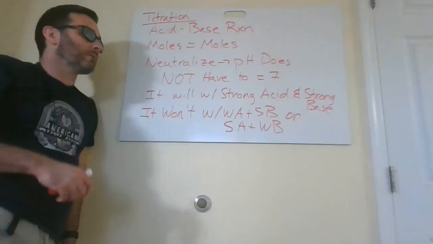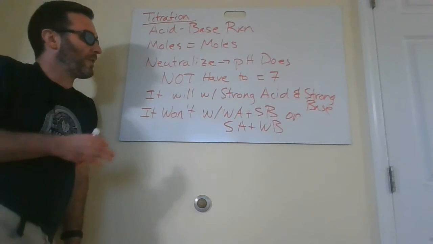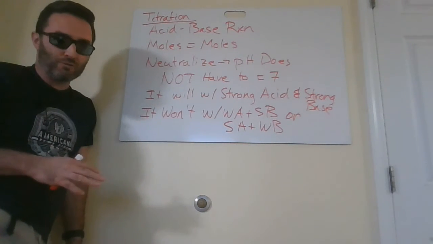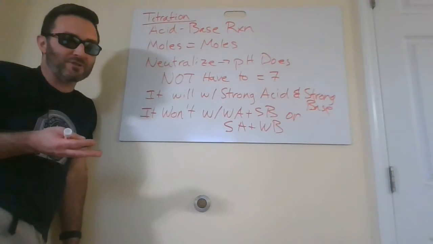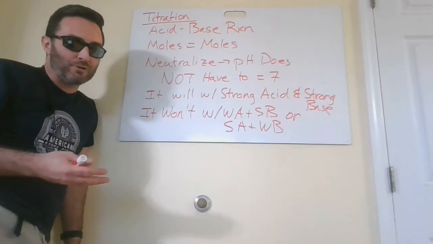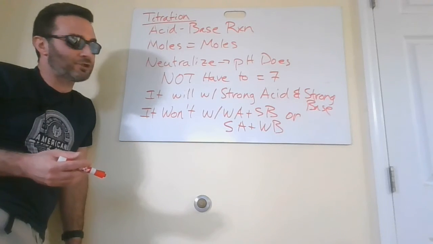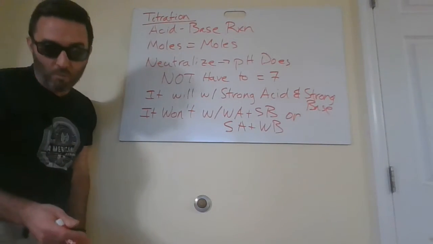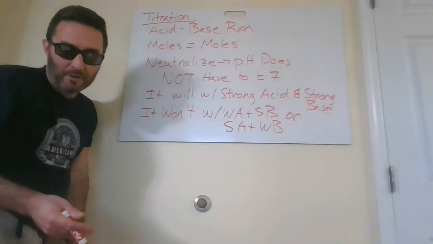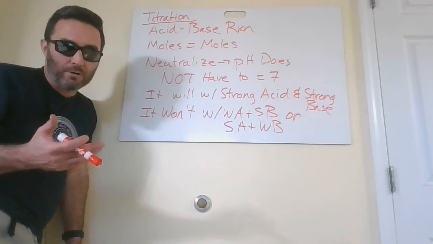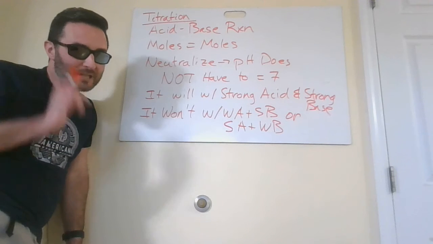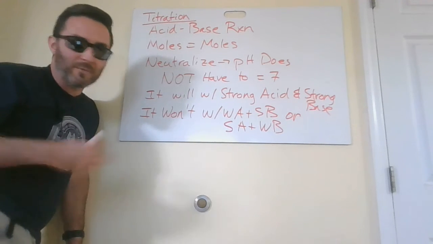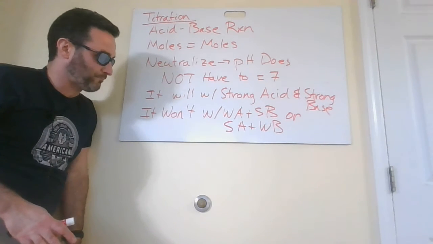It's important to note that when we say neutralize, neutralize implies that you're going to wind up with a pH of 7, and sometimes you do. When you mix a strong acid and strong base, you do wind up with a pH of 7 because you get water and a salt like sodium chloride or potassium chloride that doesn't mess with the pH of your solution.